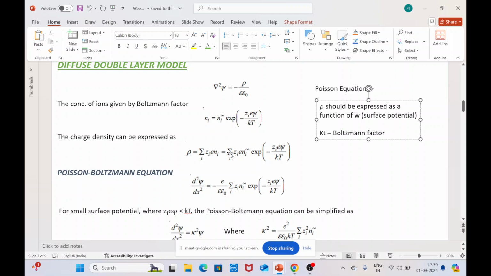Ni is nothing but Ni at infinity, the concentration of ions at infinite distance, times exponential of minus Ze psi by kT. So you are just substituting this expression here.